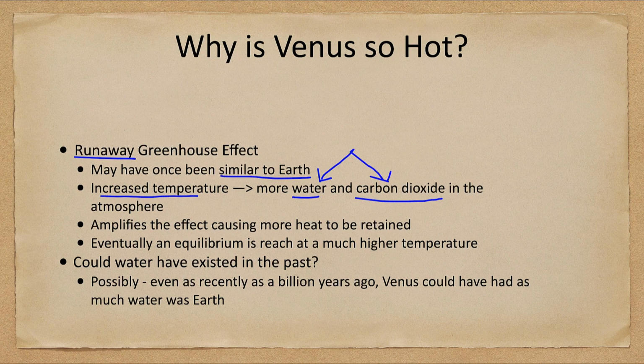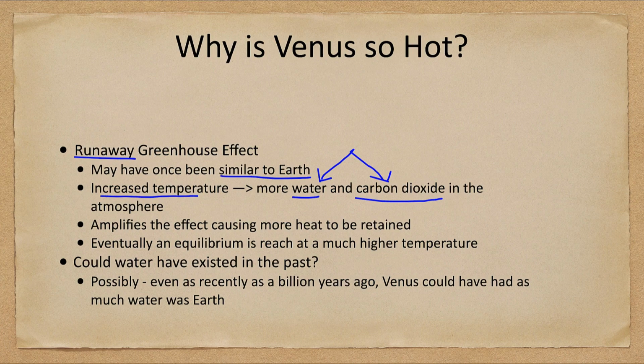Now, how do we get rid of carbon dioxide on Earth? Some through living organisms, but much of it through the oceans. A lot of carbon dioxide is absorbed in the oceans and becomes carbonate rocks and therefore is trapped and kept out of the atmosphere.